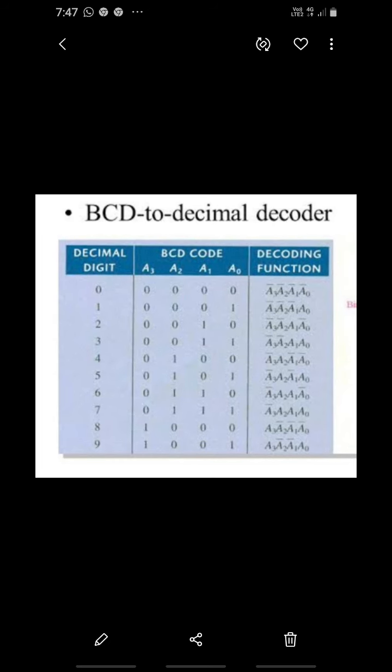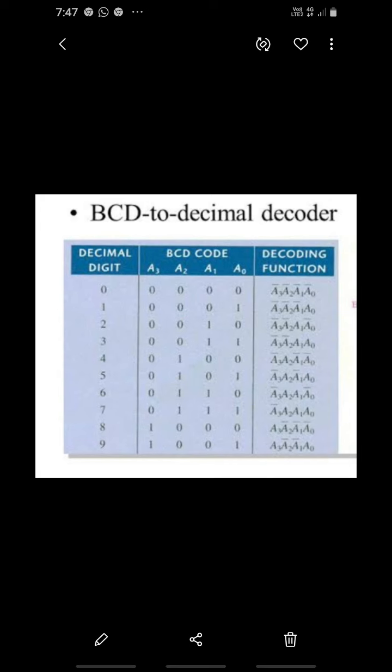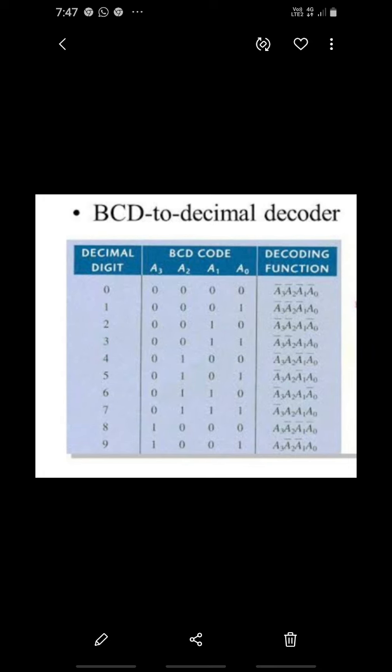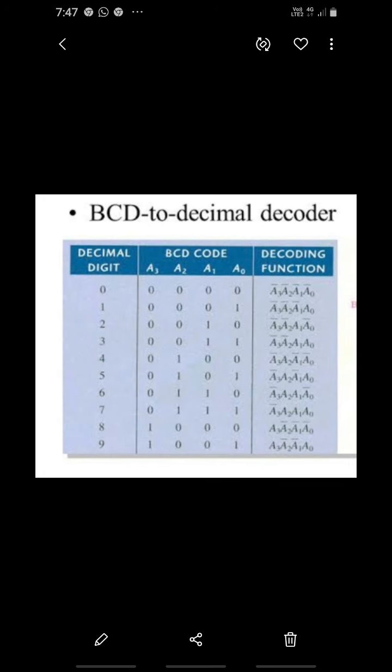And next take y2, which is equal to A0 bar, A1 bar, A2 and A3 bar. Next, y3 is A0 bar, A1 bar, A2, A3.